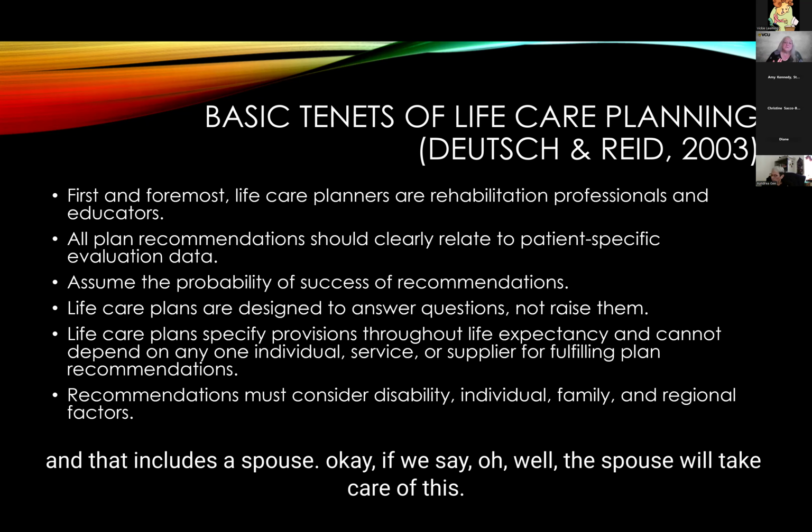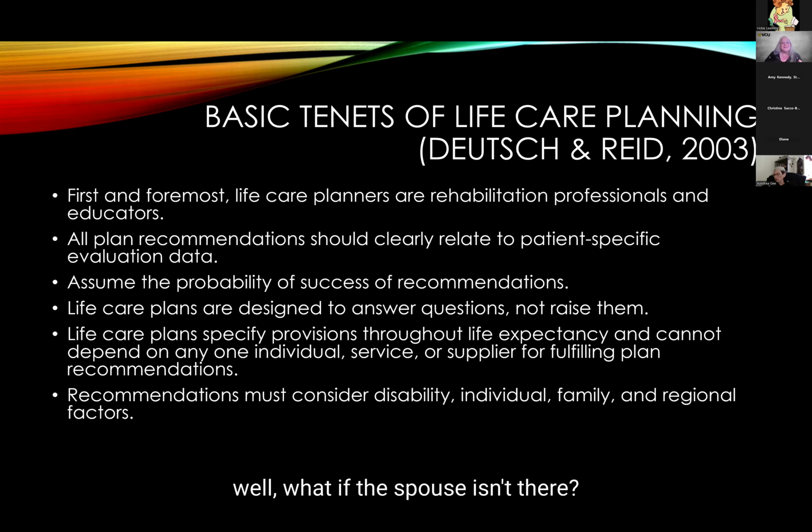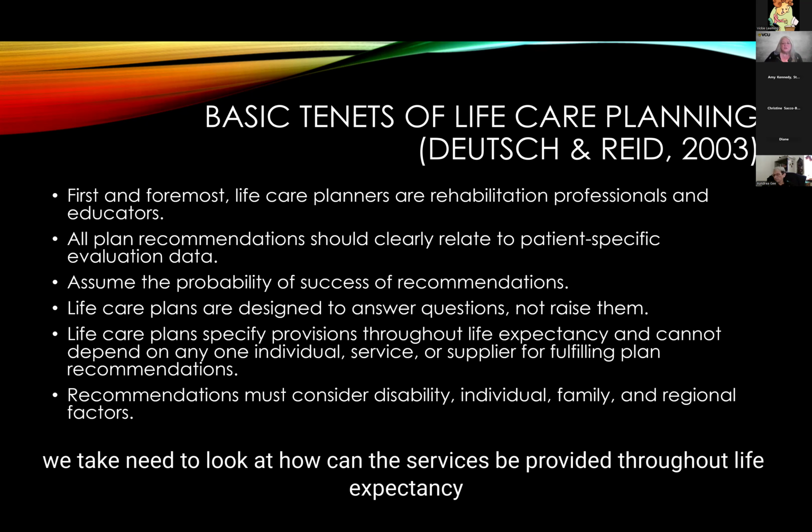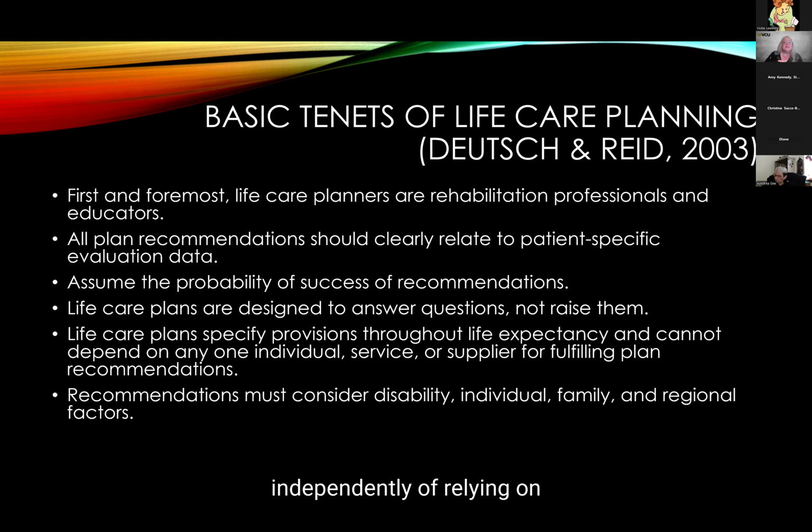And that includes a spouse, okay? If we say, oh, well, the spouse will take care of this. Well, what if the spouse isn't there? What if the spouse gets hit by a bus? What if they get divorced? We need to look at how can the services be provided throughout life expectancy independently of relying on any single individual or supplier.